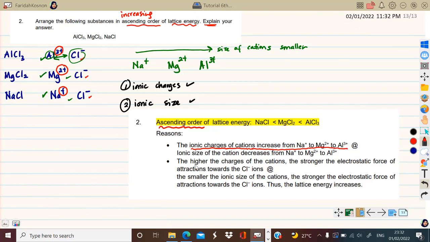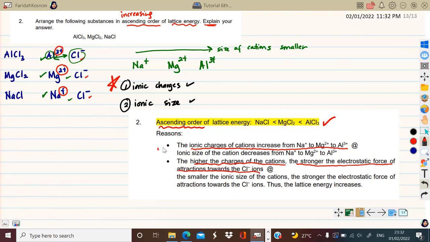Okay, the higher the charges of the cations, the stronger the electrostatic force of attractions toward the chloride ion. Ini saya sedang bincangkan faktor yang pertama.